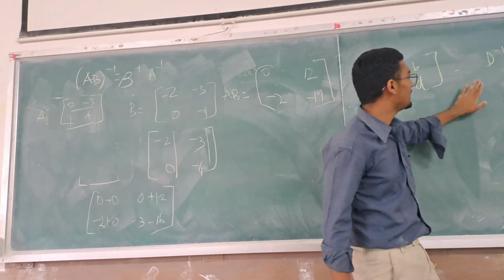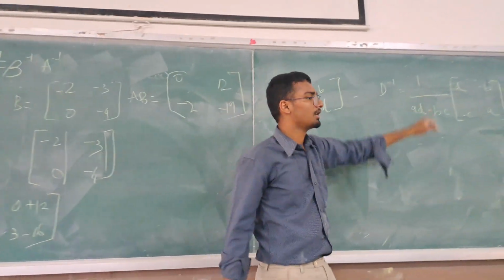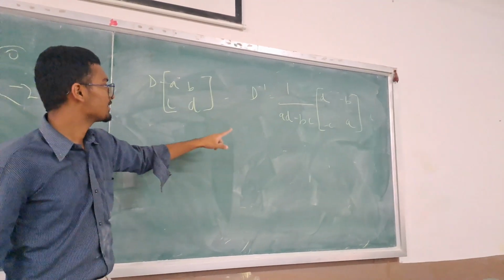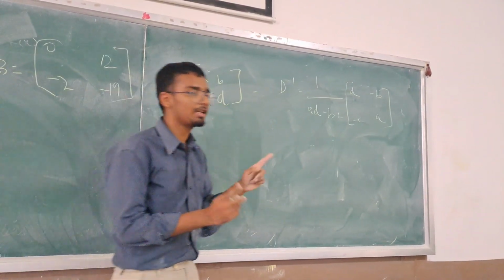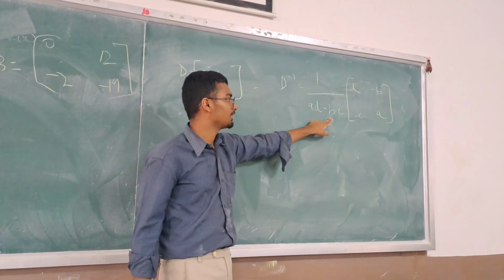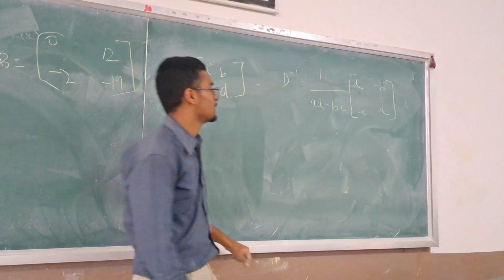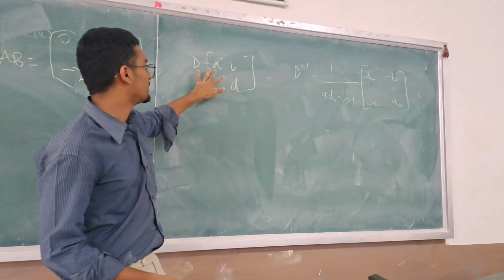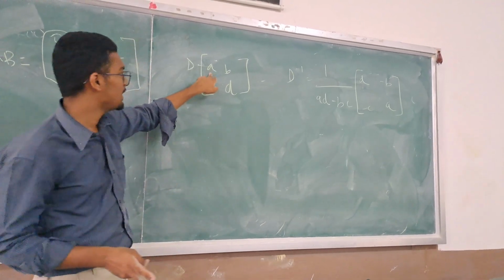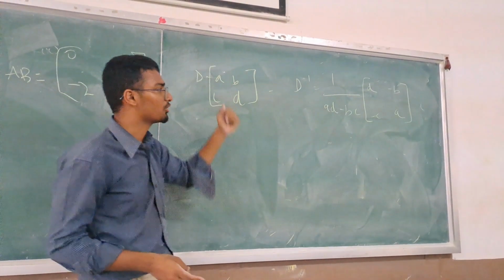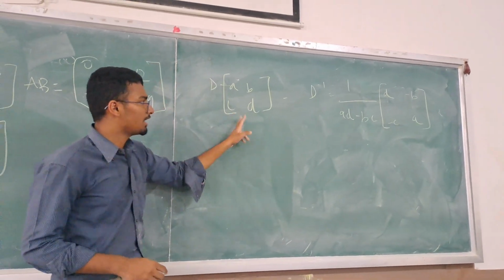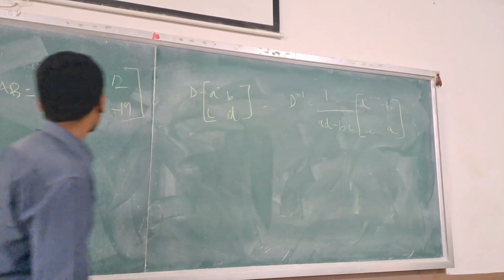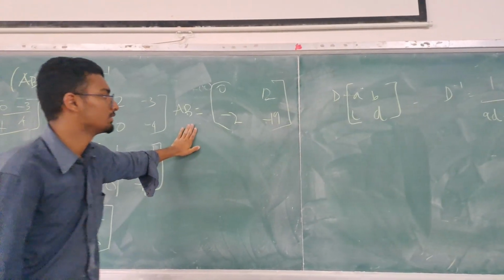The D matrix will be inverted using the formula: 1 is taken as the numerator, over A into D multiplied diagonally, finding the difference with B multiplied with C. And we are interchanging the A term with D to the position of A, and we are including the negative terms of C and B. This formula will be applied to calculate the inverse of A into B.